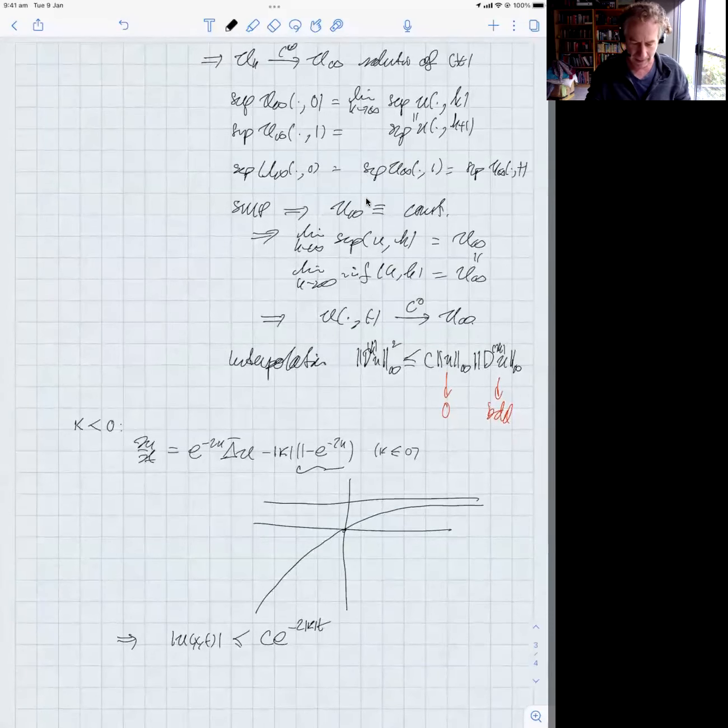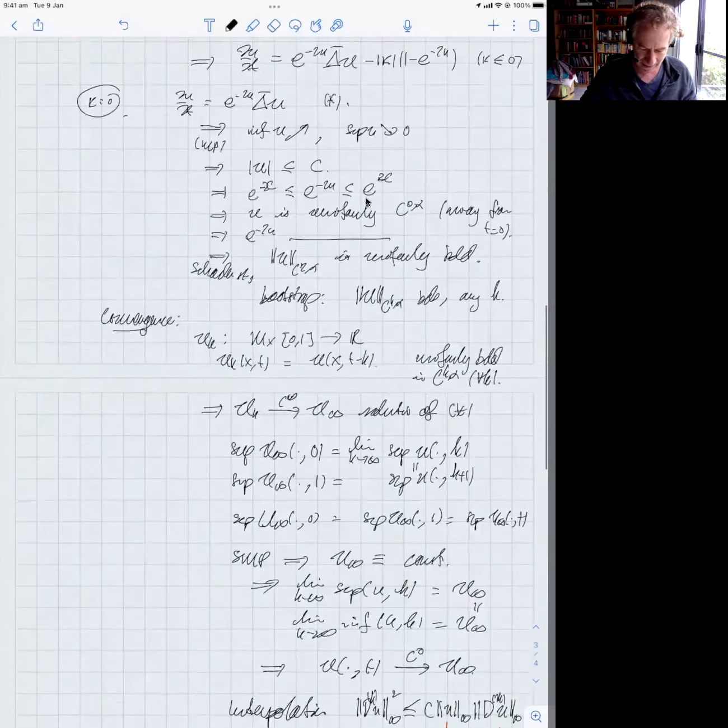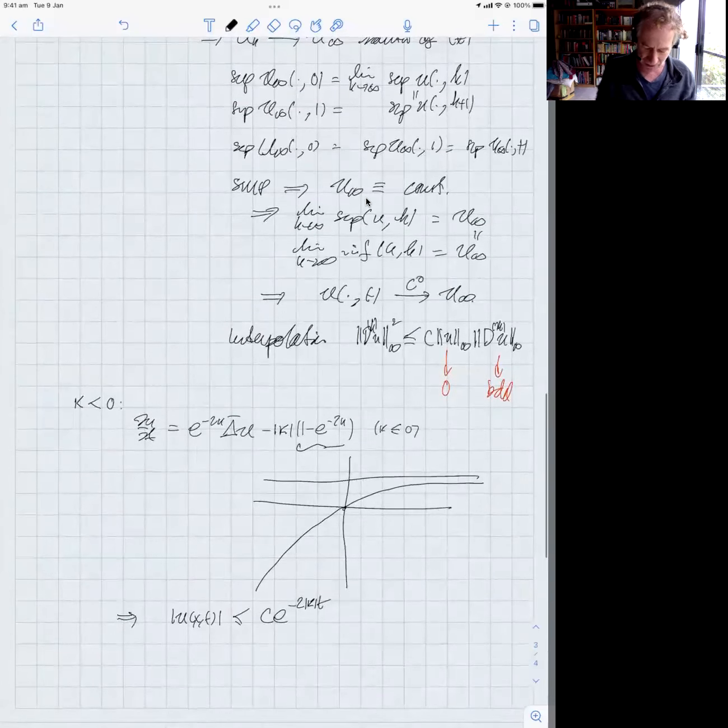Okay, so the rest of the argument is the same but easier, right? So that gives us straight away C^0 convergence, so u converges to 0 uniformly.